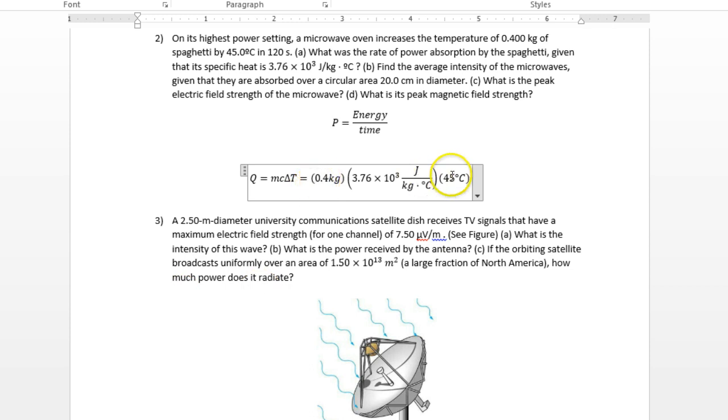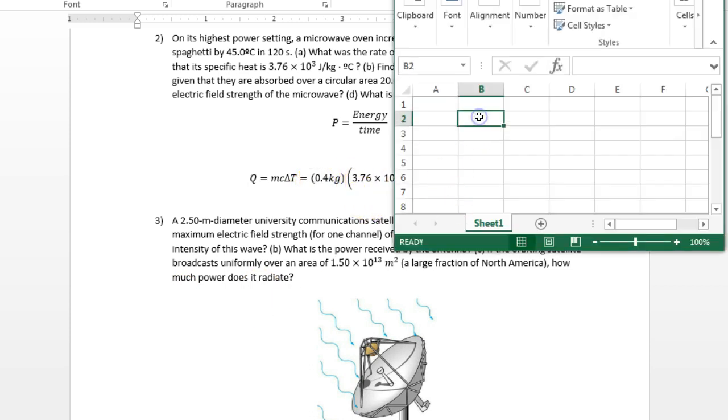So 0.4, 3.76 times 10 to the third, and 45 degrees. Total heat is the product of all of these, right?